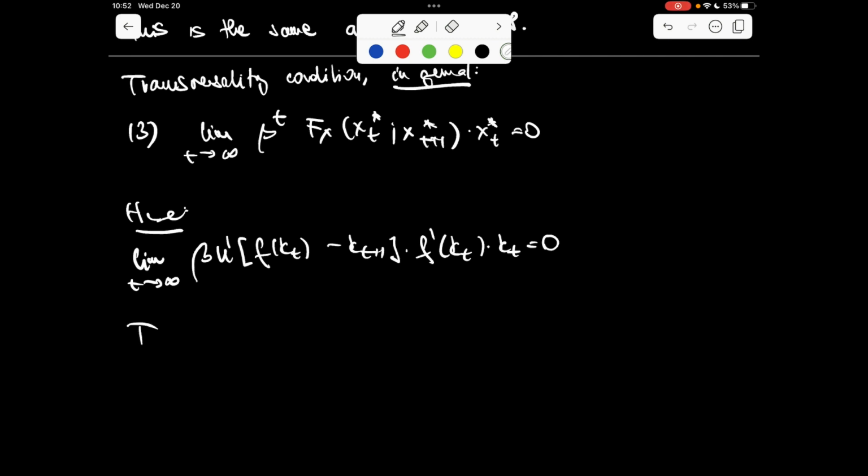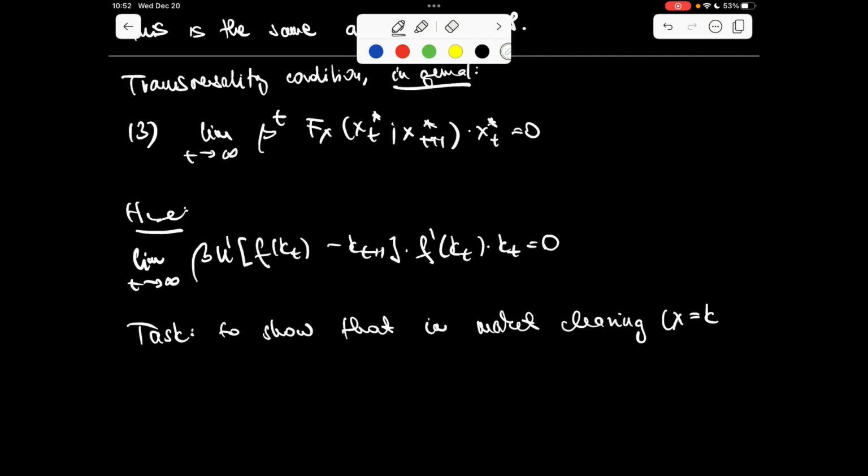The task now for us is to show that in market clearing, that is when the individual's capital stock is the same as the capital stock of any other agent in the economy, the individual's solution implies the same equations.